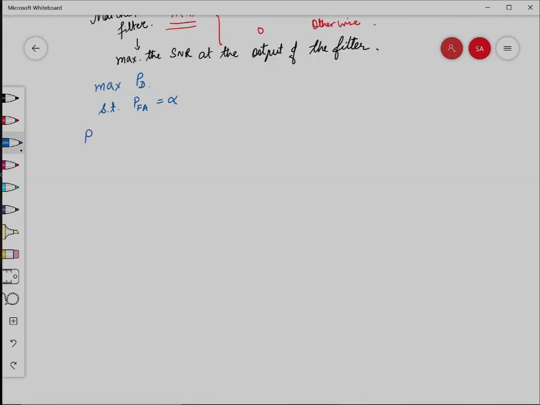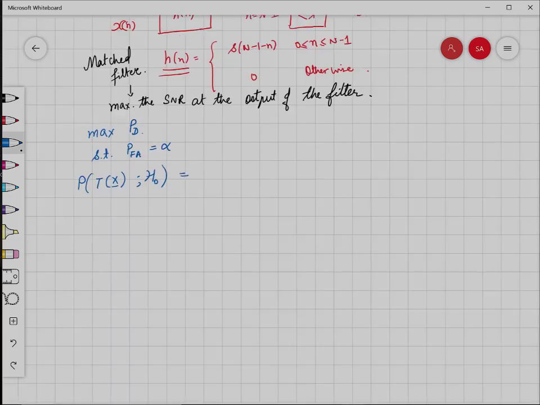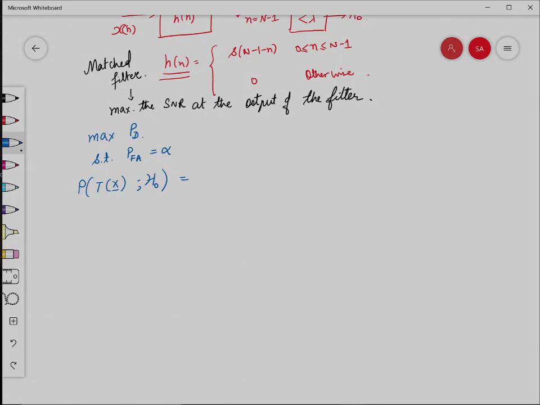So I am going to first figure out the probability of T(x) given hypothesis 0 is correct, and the probability of T(x) given hypothesis 1 is correct. You can see here, under hypothesis 0, let me first write what T(x) is.